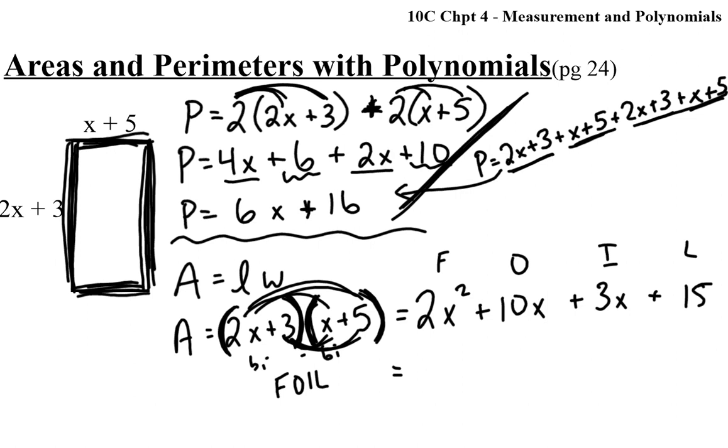So the area, after I combine my like terms, is 2x squared plus 13x plus 15.